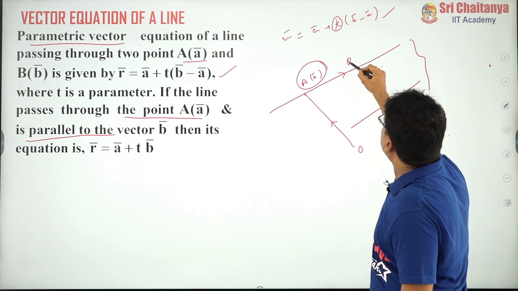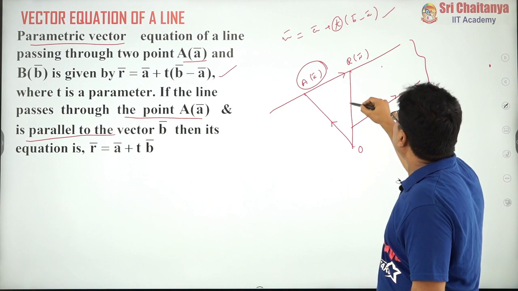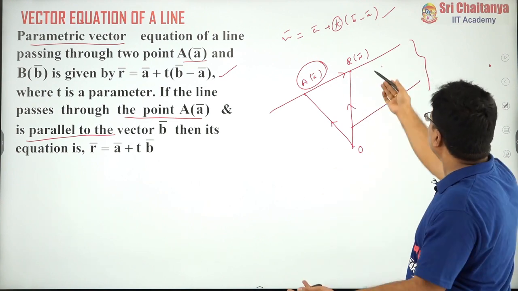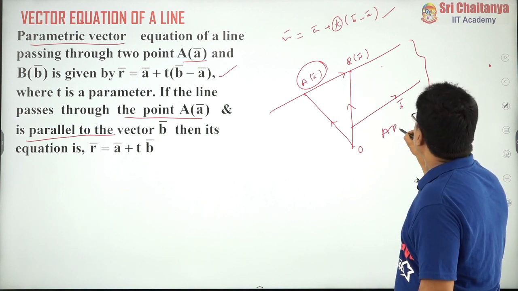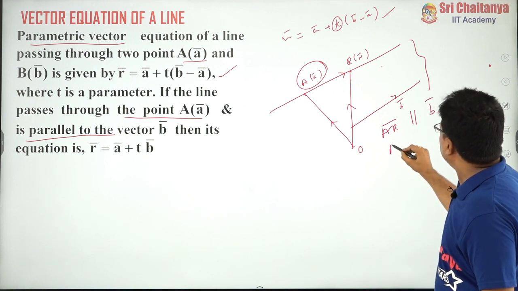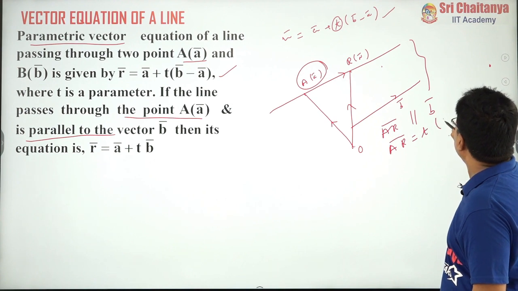So, this is the situation. If I take any point R on this particular line, the position vector of R is OR bar, that is R bar. From the diagram it is very clear that the vector AR bar is parallel to vector B bar. So, AR bar is equal to some scalar T into B bar.